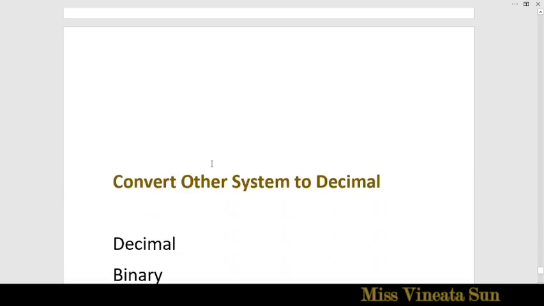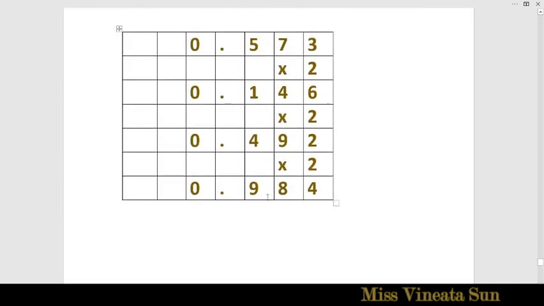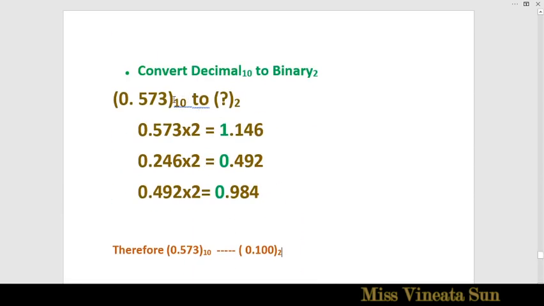So if you have to do the same with the other system, that is the same number, 0.573, and you have to convert it to some other system, that is octal and hexadecimal, you will use the same technique, except that you will have to multiply by the base of that particular number system. Suppose if you have to convert to octal, then this has to be 8.